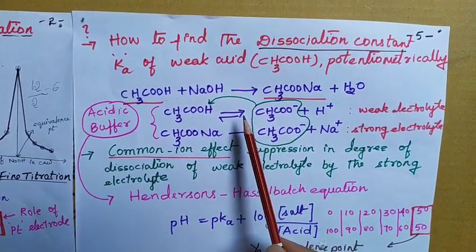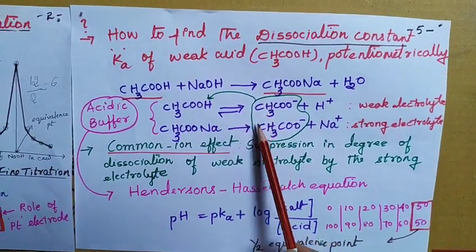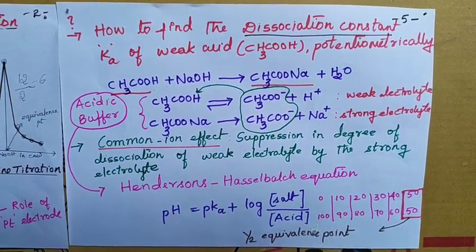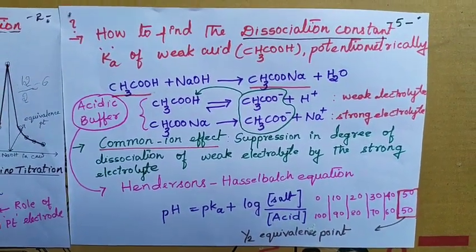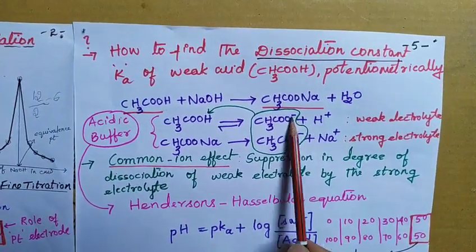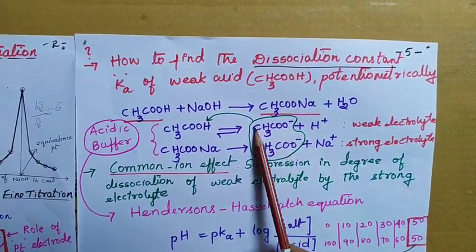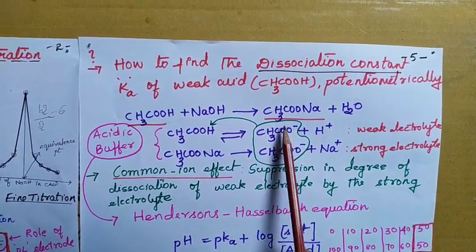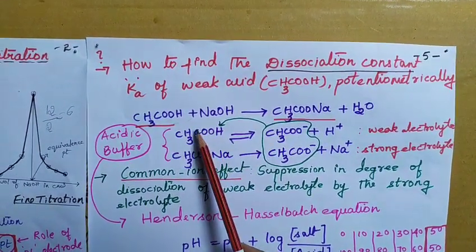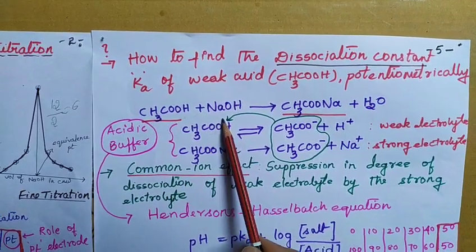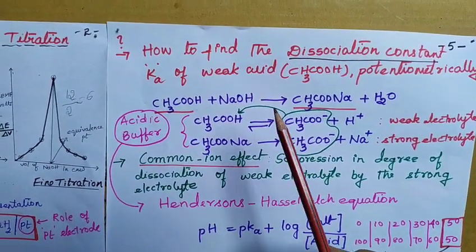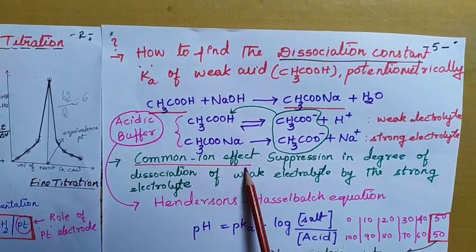Definitely the equilibrium here is disturbed. So according to Le Chatelier's principle, if the equilibrium is disturbed, the equilibrium shifts in such a way as to nullify the constraint. So to nullify the constraint, that is the increased concentration of acetate, equilibrium shifts towards the left hand side. That is, dissociation of acetic acid is suppressed here. This is also known as common ion effect.